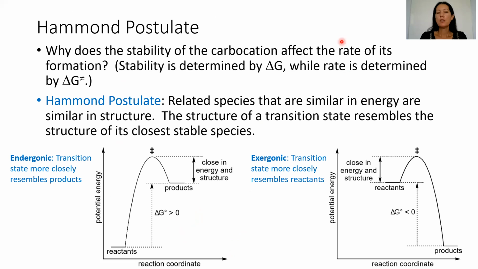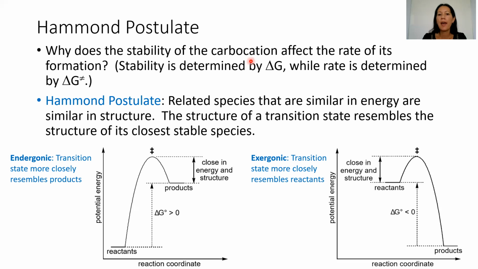The other thing that we need to talk about is carbocation rearrangements. So to do that, I need to introduce the Hammond postulate. The Hammond postulate basically explains why the stability of the carbocation affects the rate of its formation. So I already told you tertiary is more stable.